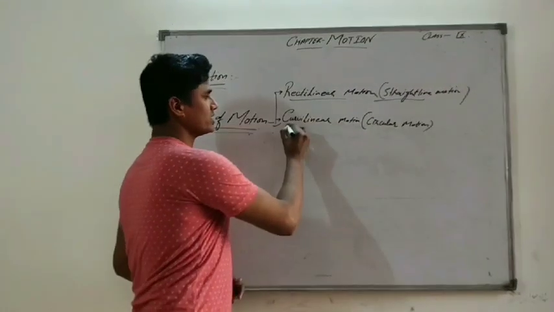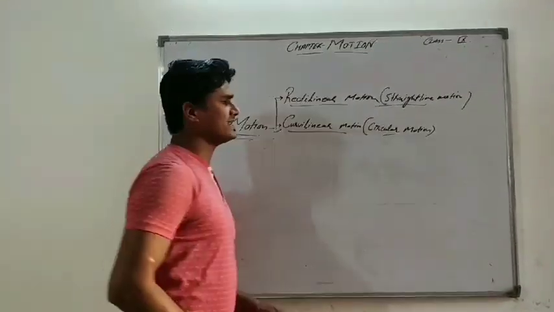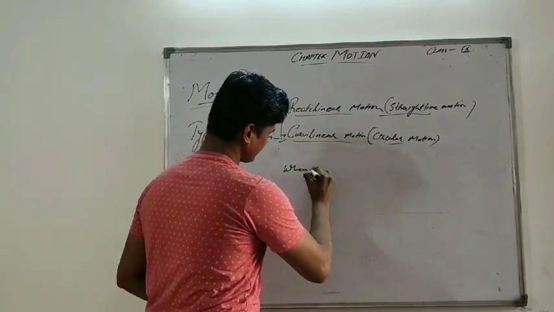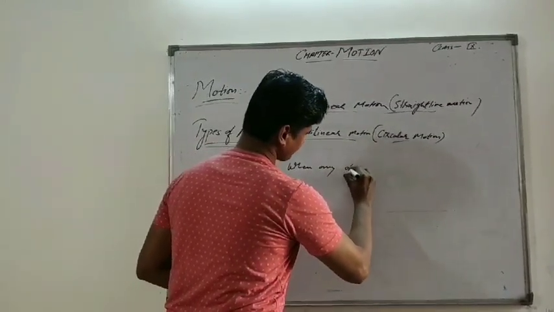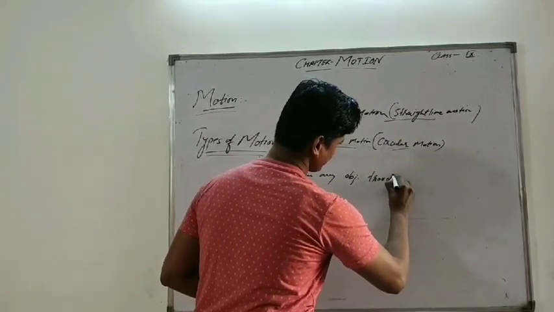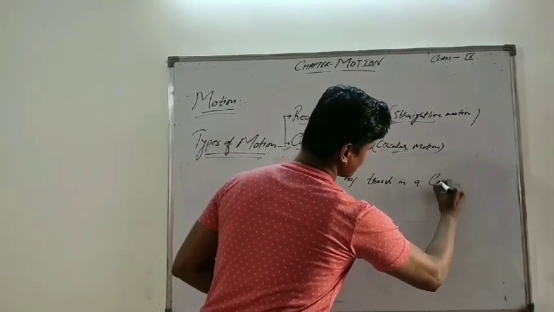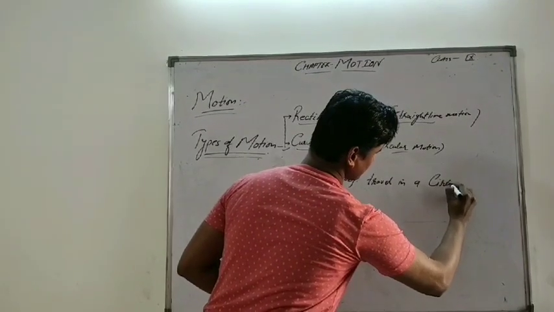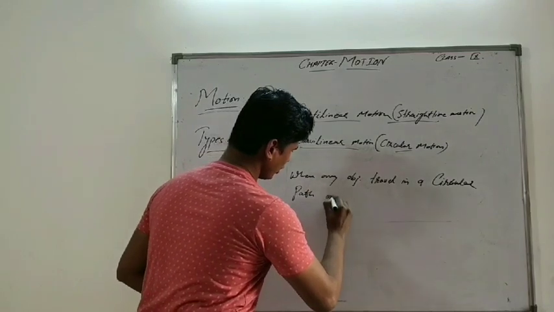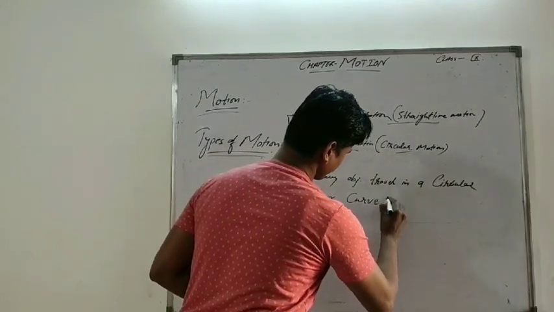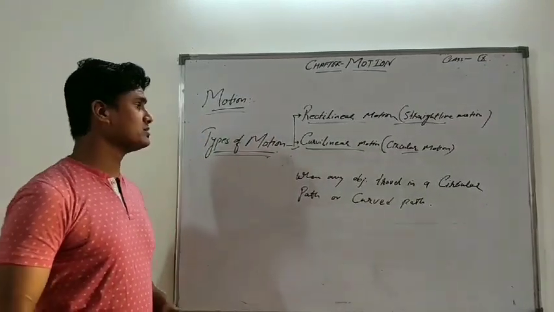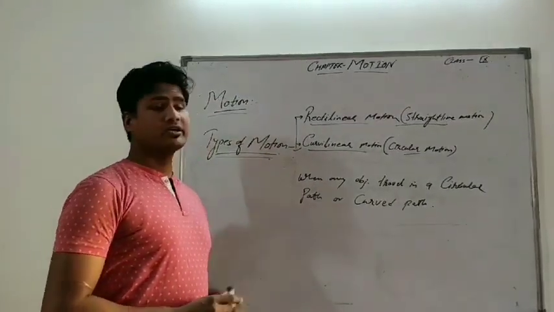Now we understand what is curvilinear motion, or we can say what is circular motion. Students, when any object travels in a circular path or curved path, the motion is said to be circular motion or curvilinear motion.